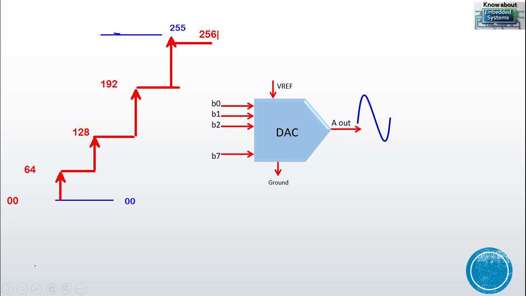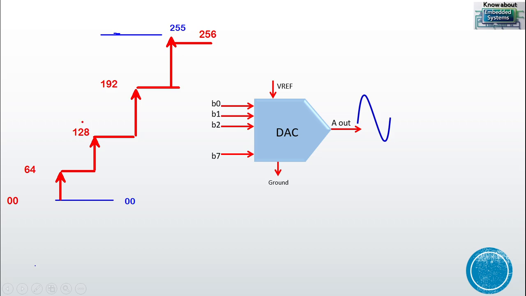Like this, we have to assign different values to the DAC. For every value, the DAC will produce a corresponding voltage. Initially it will be 0. When you provide the first value, the respective voltage is generated by the DAC.